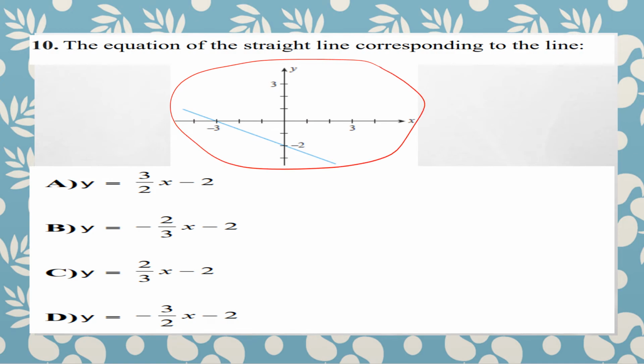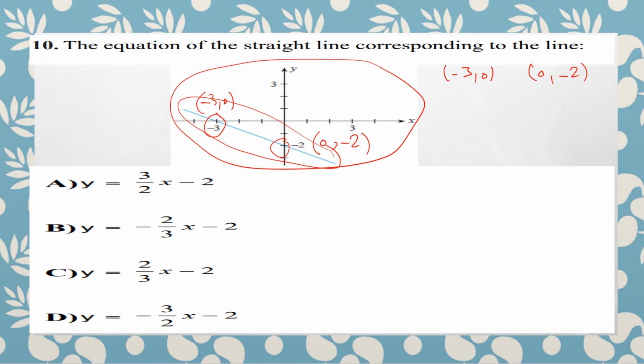We have a straight line here, and this line is a falling line and passes through two points: (-3, 0) and the other point (0, -2). We would like to find the equation of this straight line using these two points.